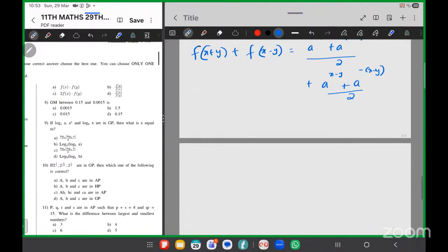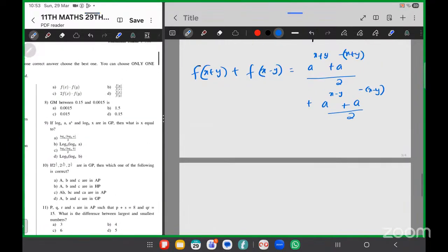If you add, okay, a raised to x plus y plus a raised to minus x minus y plus a raised to x minus y plus a raised to minus x plus y divided by 2.